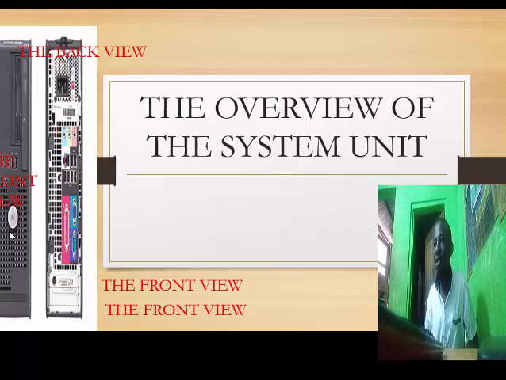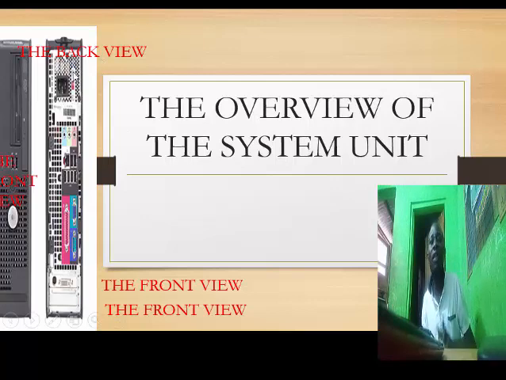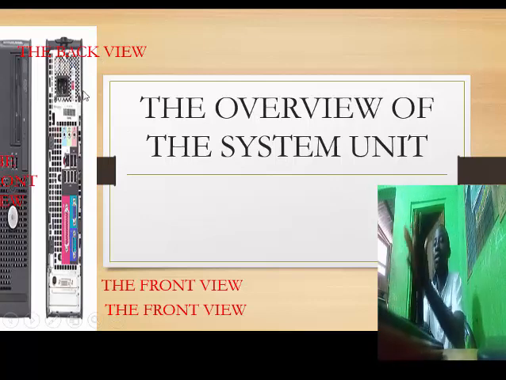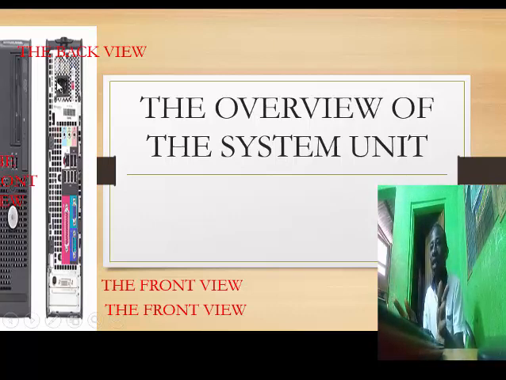Here you will find devices like the power supply, the fan, the connectors, and the motherboard. Everything is found in the system unit. Some components like the keyboard, mouse, and the monitor are not found in the system unit. They are separate on their own. So let's continue with it.